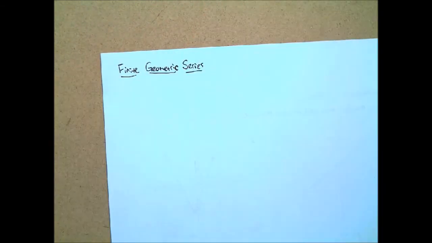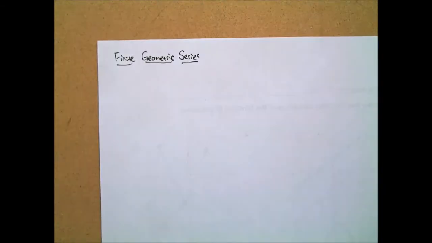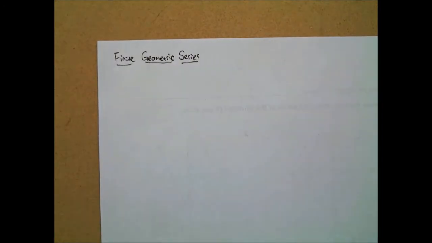Okay, so remember that yesterday, when we talked about sequences, with arithmetic sequences, we said we're going to add these things up. And like yesterday, when we're adding up an arithmetic series, we need to have a finite number of numbers that we're adding up.